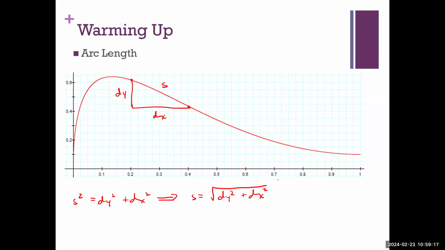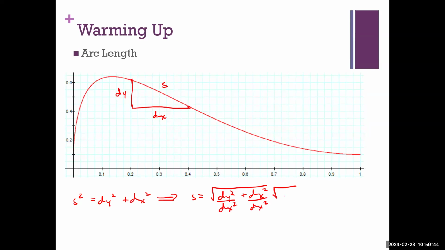So I'm going to do something here that might not make a ton of sense, but hopefully I can at least convince you that it's legal. I'm going to multiply the inside of this radical by 1 over dx squared, so dx squared over dx squared. If I do that, then what else do I have to do?